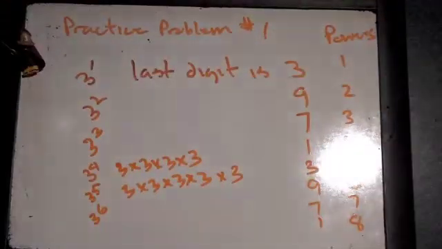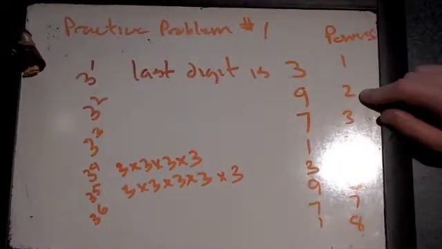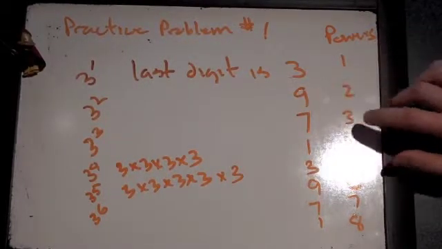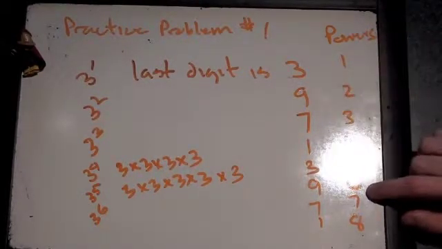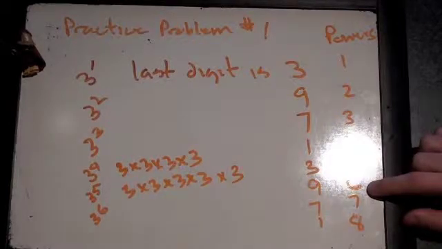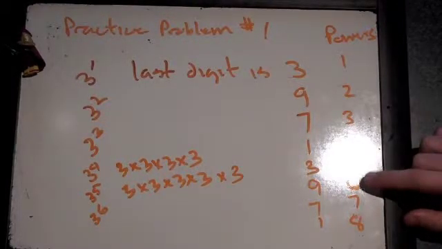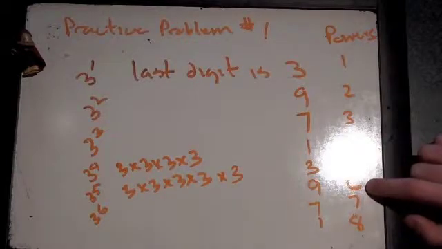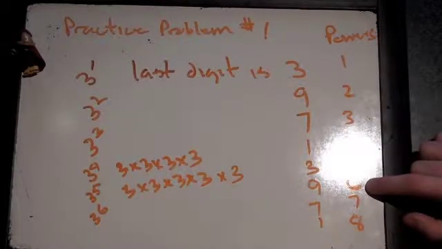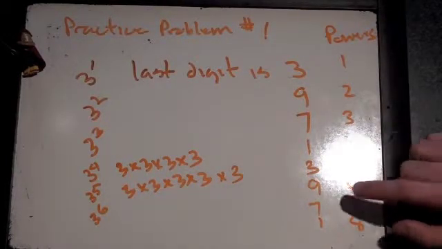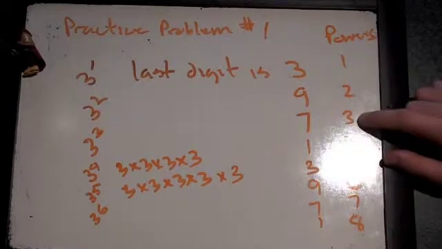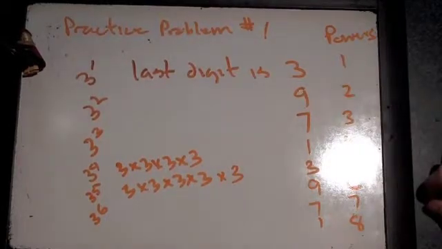If it's a remainder 2 when you divide by 4, the last digit's 9. What's 6 divided by 4? 1 remainder 2. So the remainder is 2 in the power, and you have a 9. When the remainder is 3, the last digit's 7.